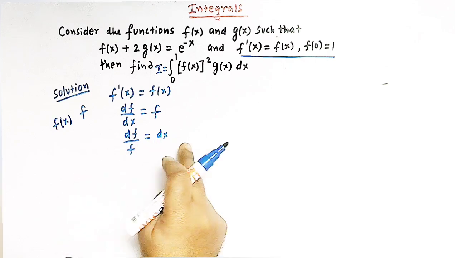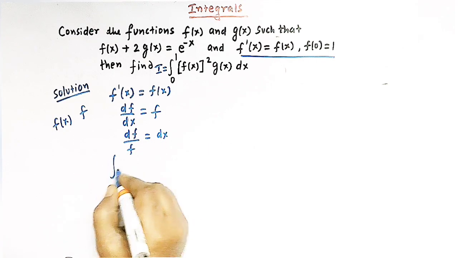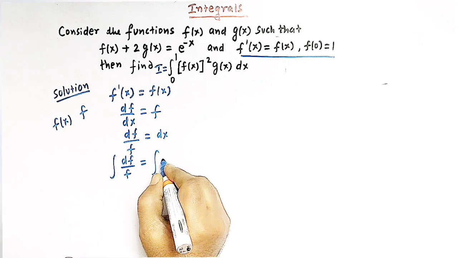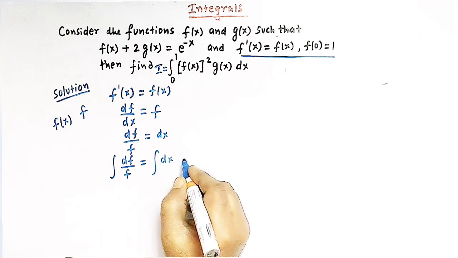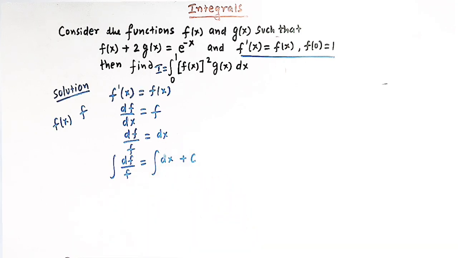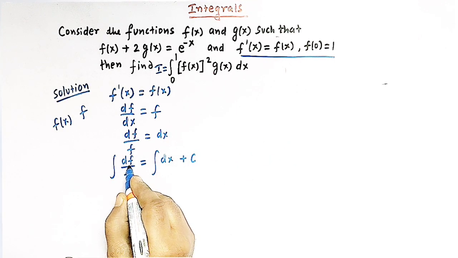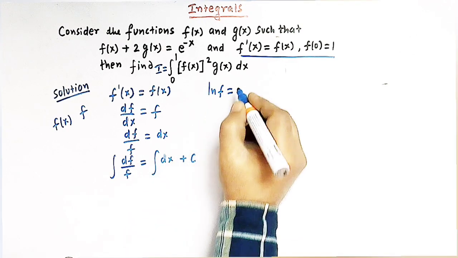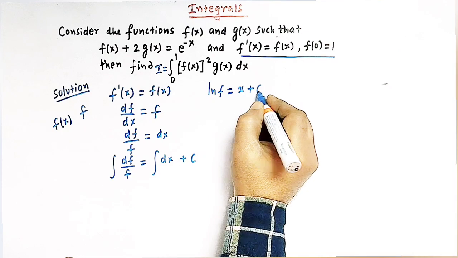Let us integrate both sides. We can now write integral df over f equals integral dx, where c is the constant of integration. The integral of 1 over f df is simply log of f, and here we have x plus c.